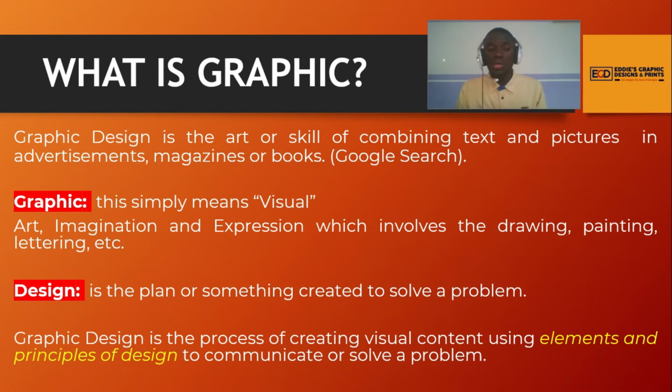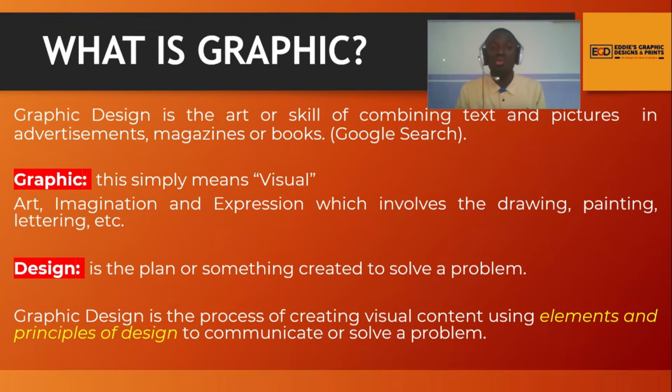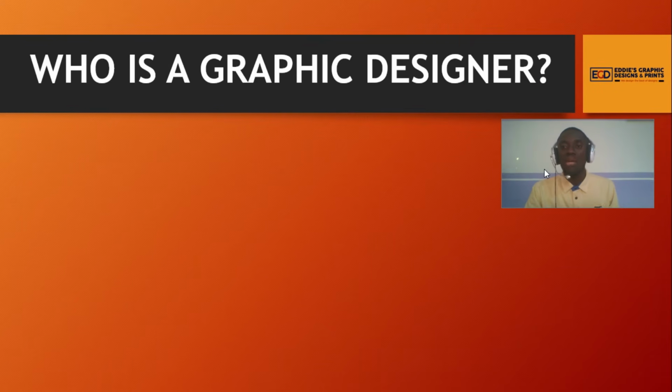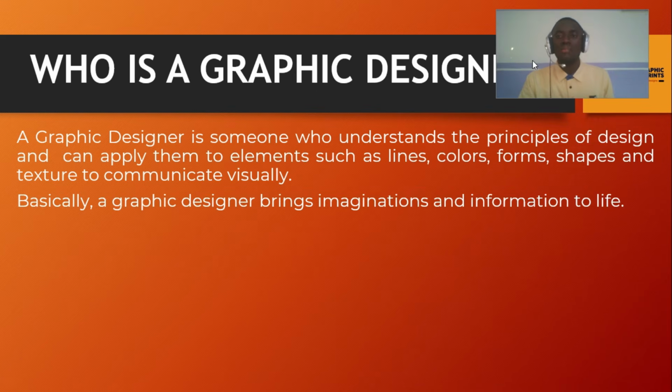Now that we know that graphic design is the process of you creating visual content, so who is a graphic designer? When you say graphic design, who is that person? Who is a graphic designer? All right, so we are saying that a graphic designer is someone who understands the principles of design and can apply them to elements such as lines, colors, forms, shapes, and then texture to communicate visually.